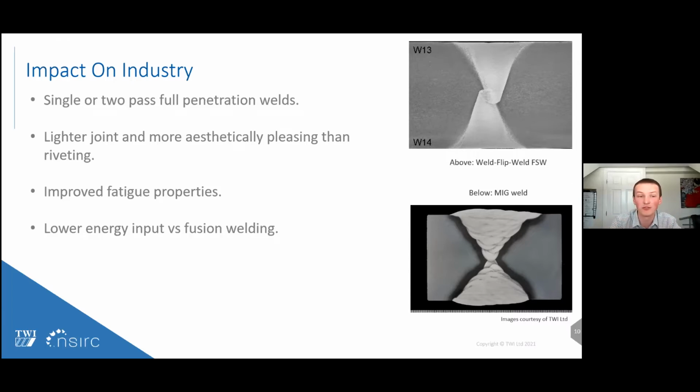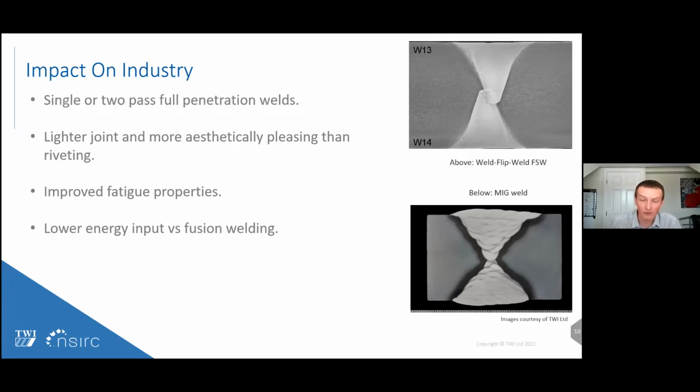So for friction stir welding, we found that the distortion is actually very, very low. It's typically under 1 millimeter, even in 50 millimeter thick material. And this requires far less reworking than the MIG welding, which will have a far higher distortion. Another important factor, especially for industry nowadays, is energy consumption. Friction stir welding, as a plasticizing solid state process, doesn't use as much energy as a fusion welding process where the material is melted.